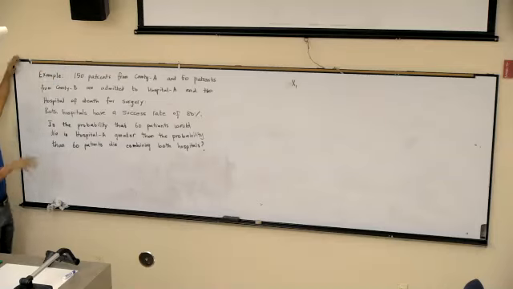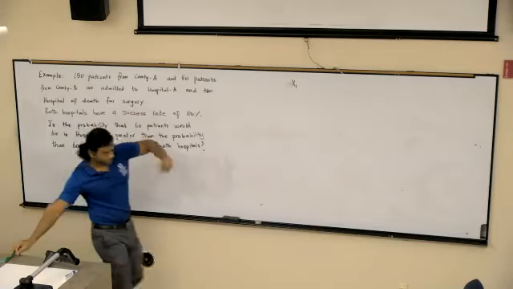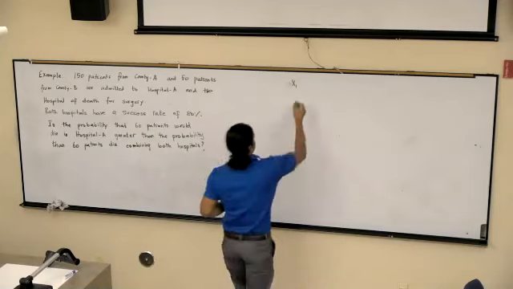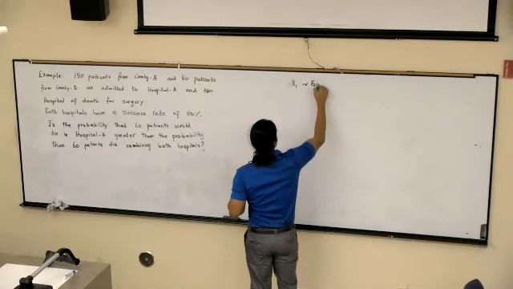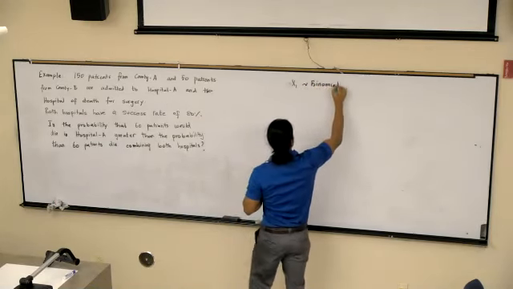So how to model this problem? The success event here is that the patient dies after surgery. Very morbid, but you can follow. So X1 can be modeled as a binomial. Agreed.